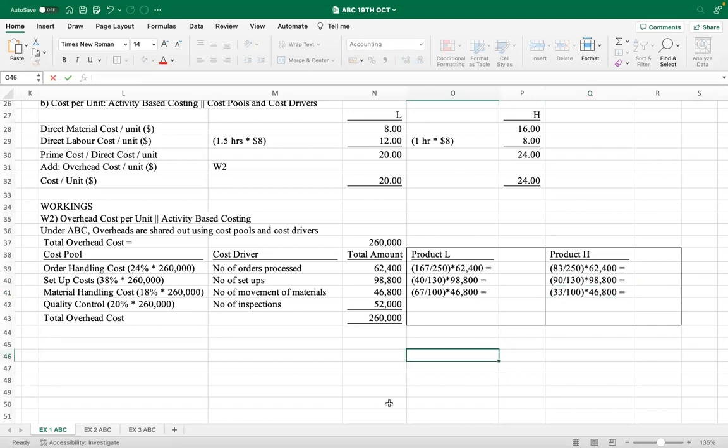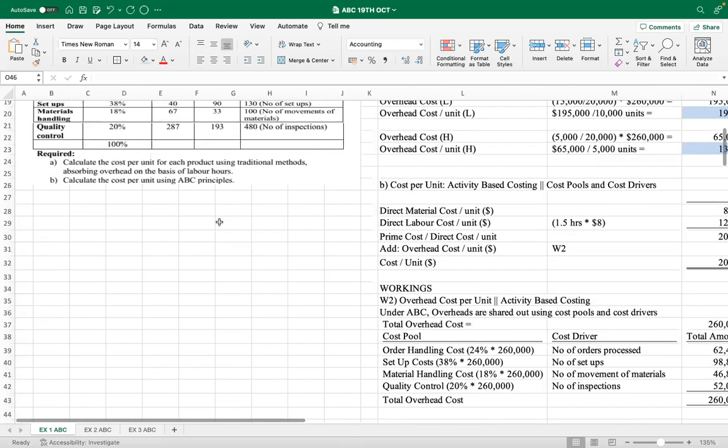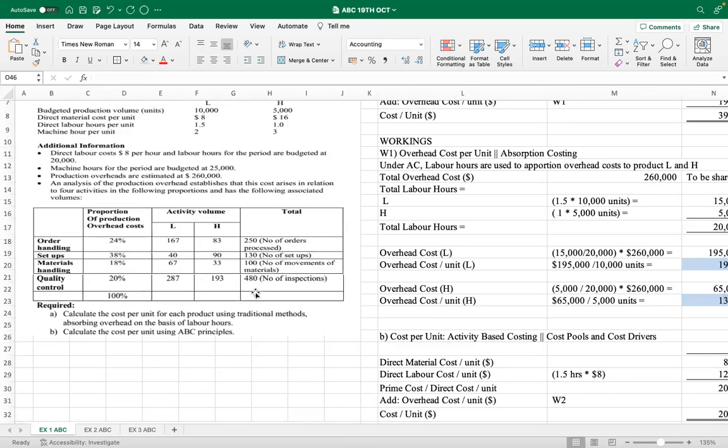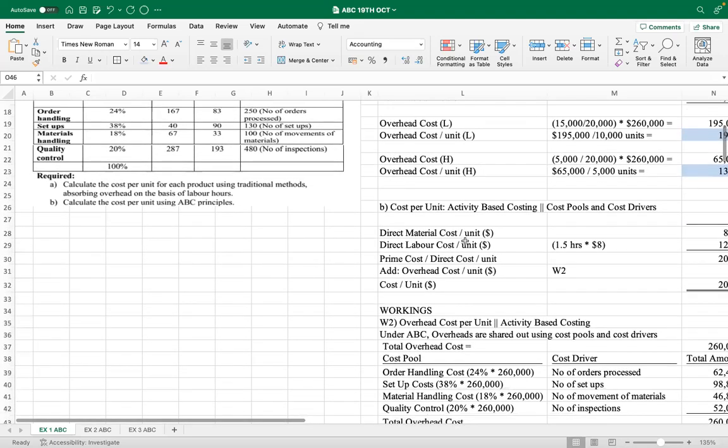And the last one is quality control, number of inspections: 287 and 193.